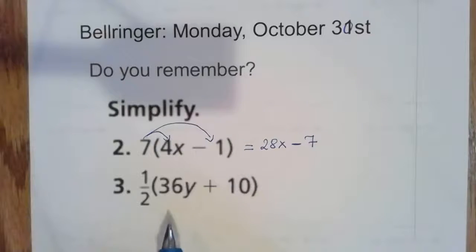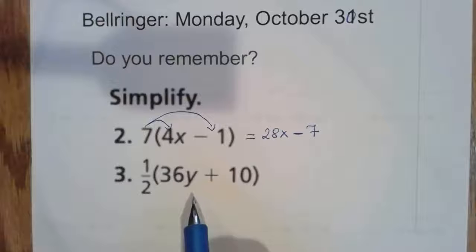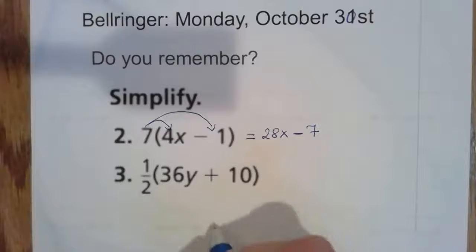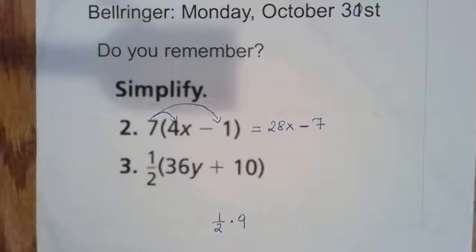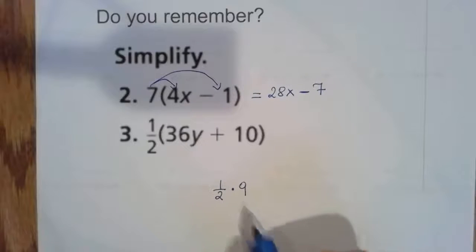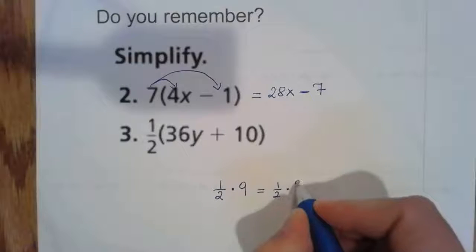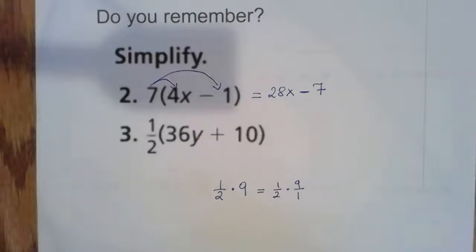Okay, I would like you to try number 3. I'm going to review very quickly how to multiply a fraction by a whole number. Let me do, for example, a half times 9. How would I multiply it? I'll change that whole number to a fraction, so I can write a half times 9/1.